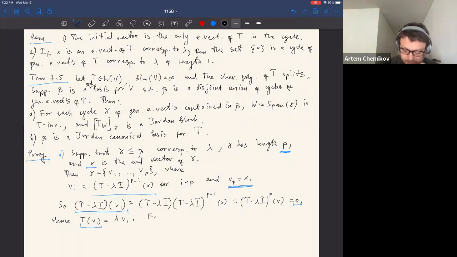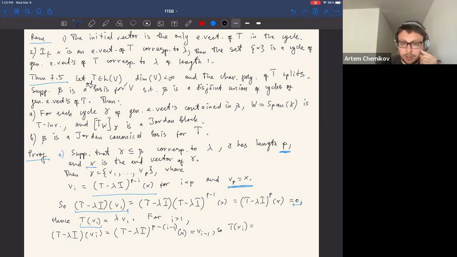And similarly, we can argue for i greater than 1. If we look at T minus lambda I applied to the vector vi, this is going to be (T minus lambda I) to the power p minus i minus 1 applied to x. But then this is going to be v(i minus 1). And so we get that T of vi is equal to v(i minus 1) plus lambda vi.